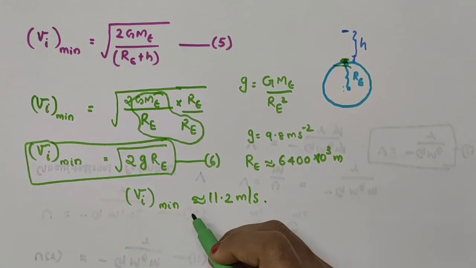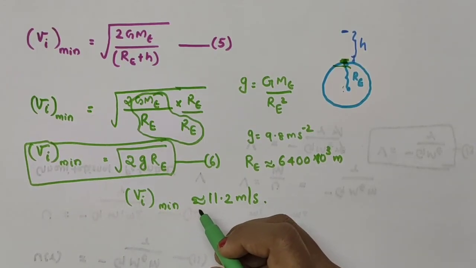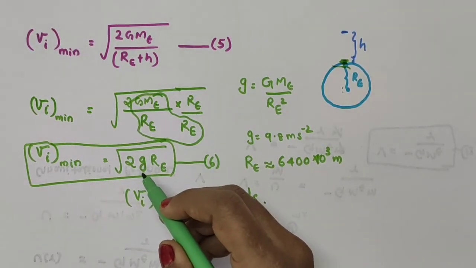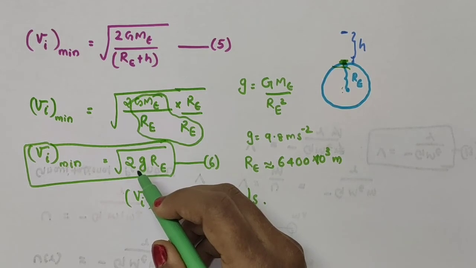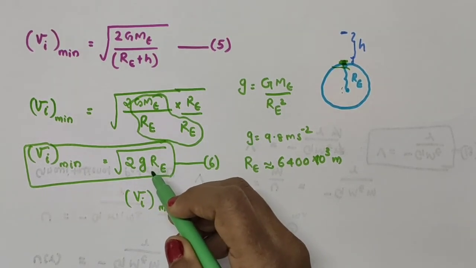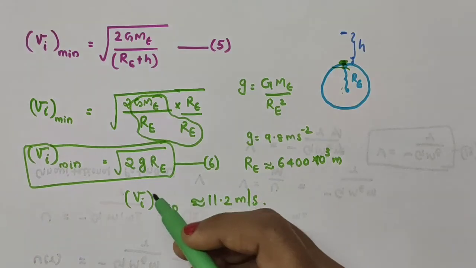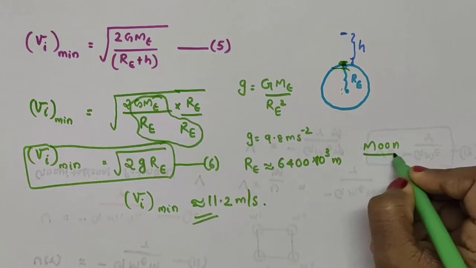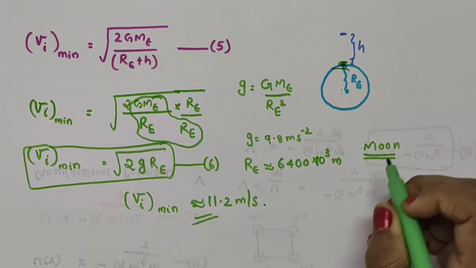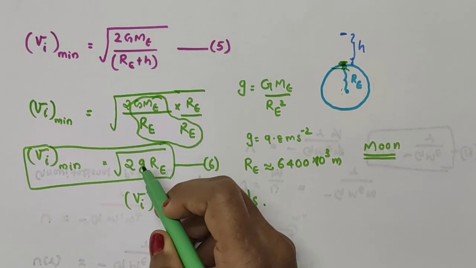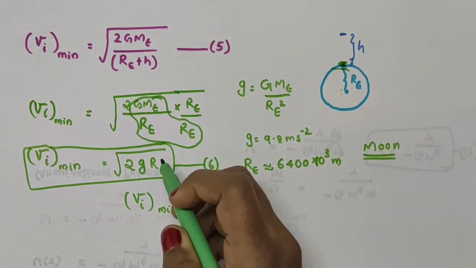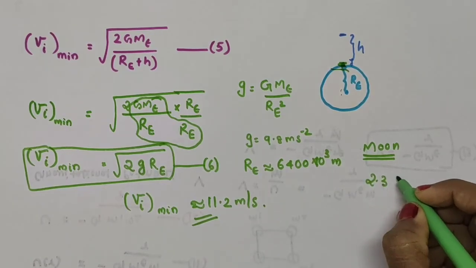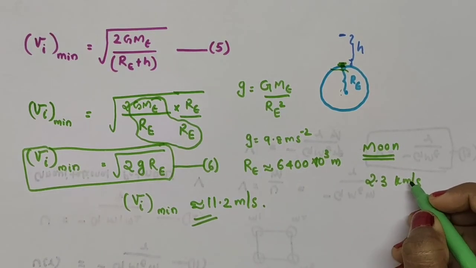If you want to find out the escape speed on the moon, then just replace this small letter g by the acceleration due to the moon's gravity on its surface, and replace this Re by the radius of the moon. When you calculate it by putting these values, you will get the escape speed as approximately 2.3 kilometer per second.